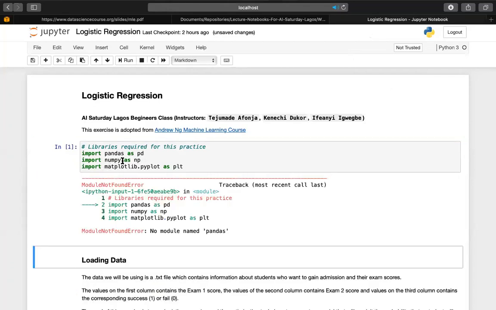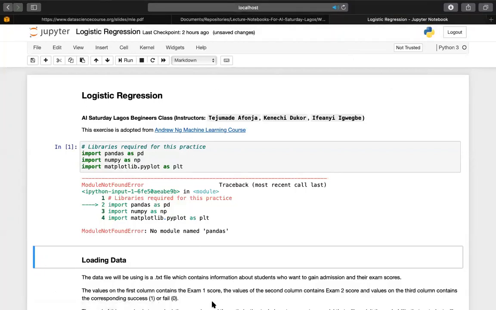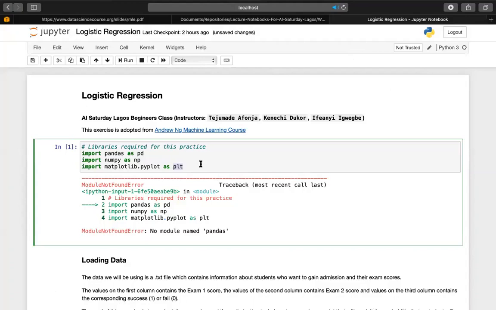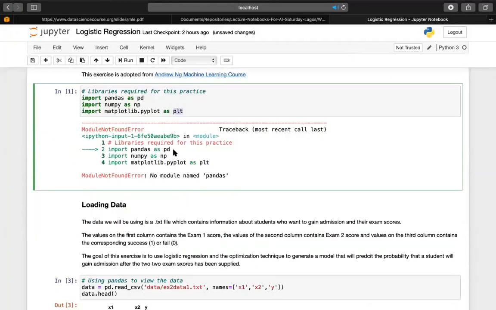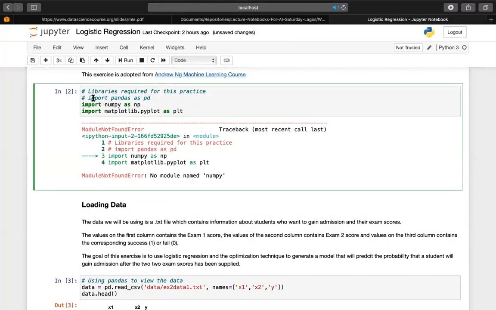Seriously, I don't have pandas on my system. Wow, this is embarrassing. Why shouldn't I have pandas on my system? Something is wrong. Sorry, give me 1 second. I think I'm not in the right environment.